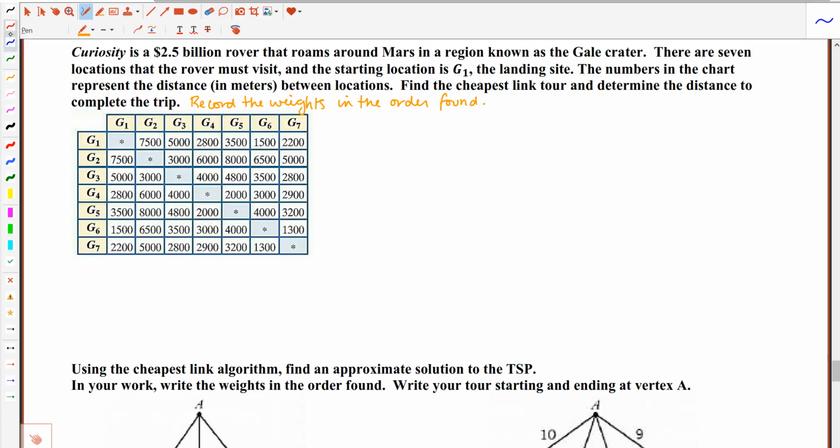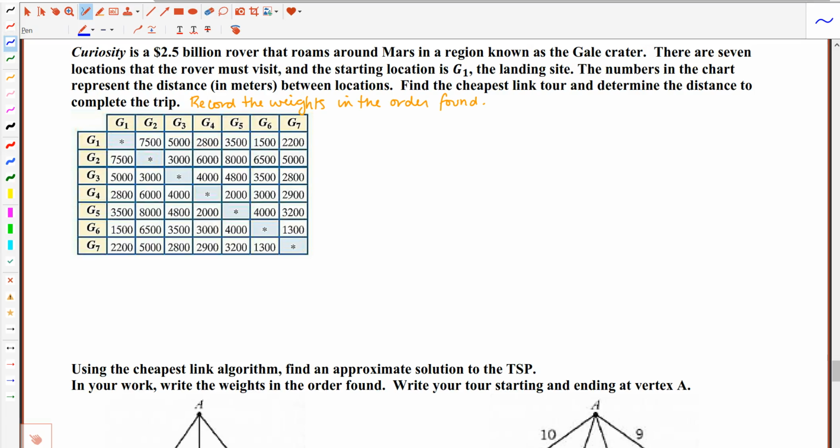Now this one's going to be a little bit different than that nearest neighbor algorithm, because on this one, I only have the weights recorded for me in this table as opposed to on a graph, so it's going to be much harder for me to see the violations that I have to keep track of when I'm running this algorithm.